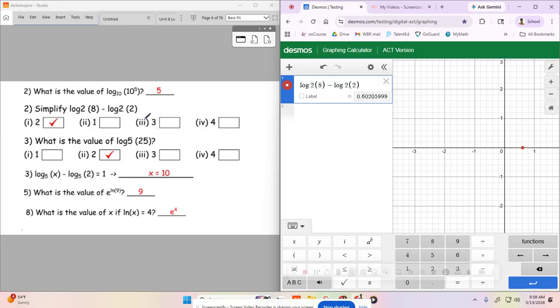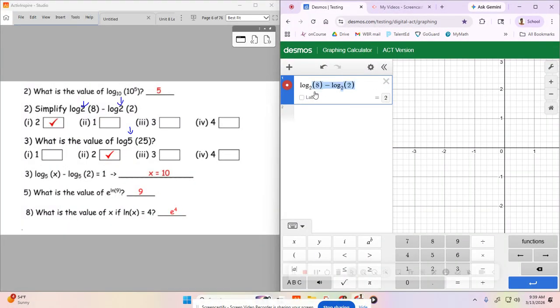Did I type something wrong? Oh, I remember now. These were supposed to be subscripts. The paper I copied it from did not do the subscripts it was supposed to. So I'm going to take this 2 and hit shift minus, and it brings it down as a subscript for me. And I do get the answer 2.